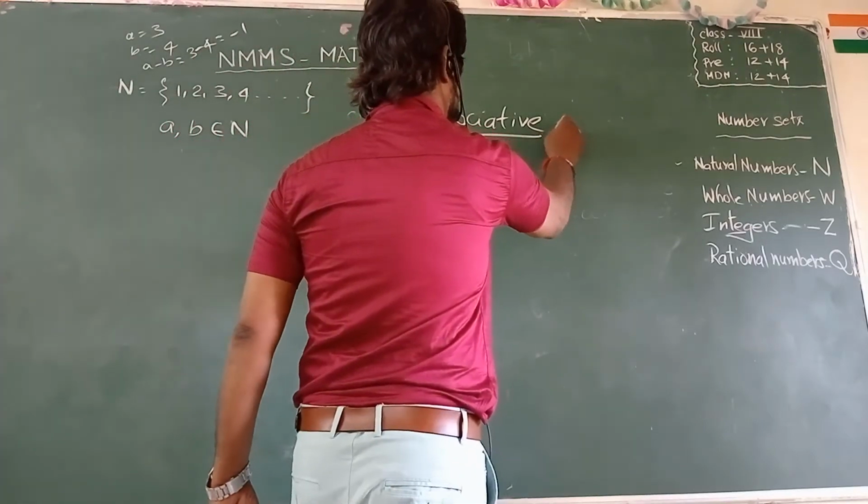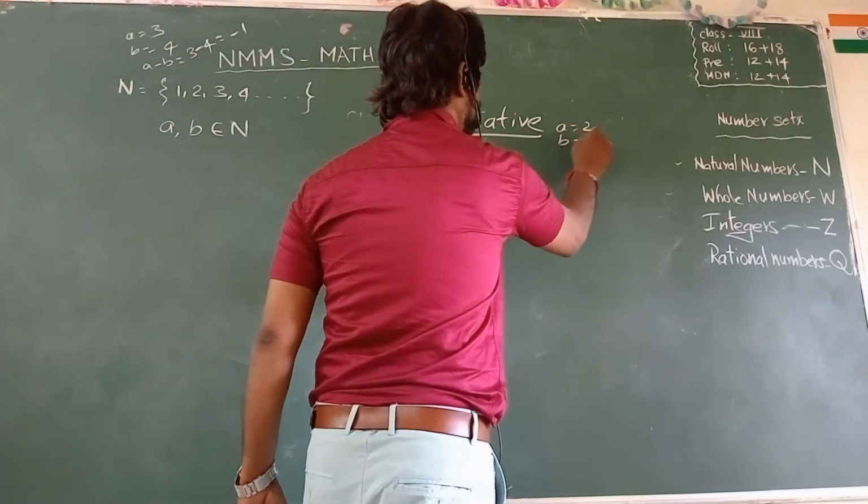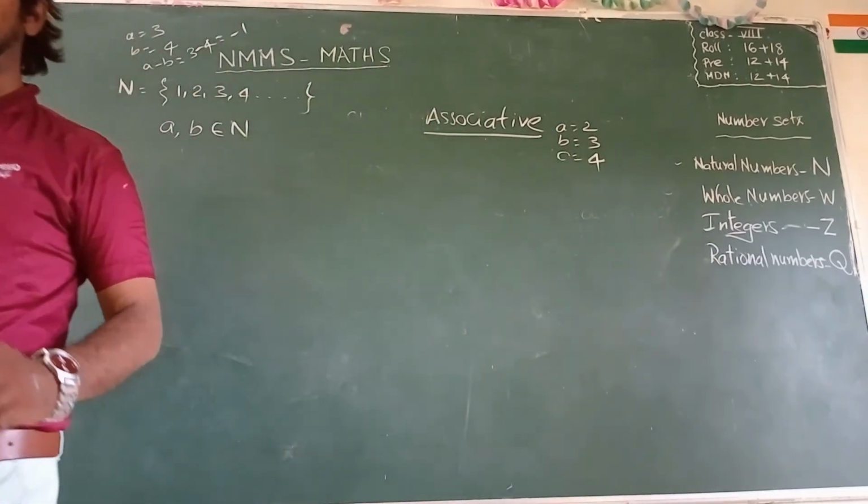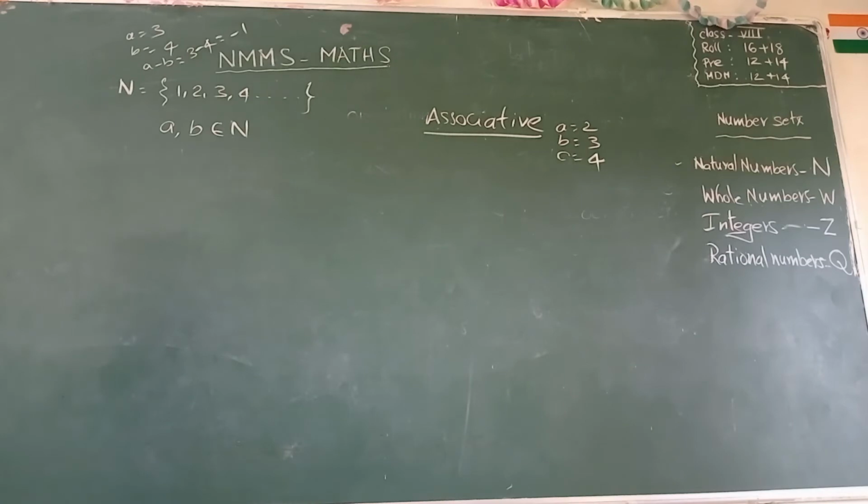I am taking A is equal to 2, B is equal to 3, C is equal to 4. So I am taking three numbers. Now observe. See the operation carefully and observe.